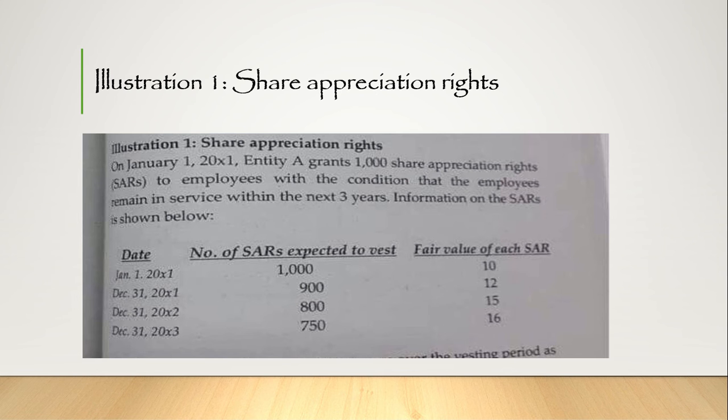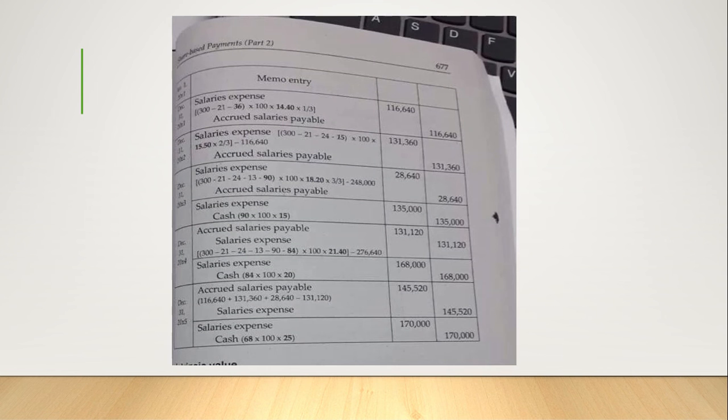This is the memo entry. Salaries expense: 300 minus 21 minus 36 times 100 times 14.40 times 1/3 equals 116,640, same as accrued salaries payable.